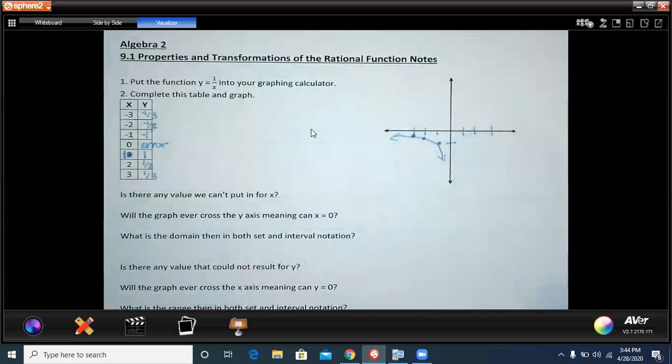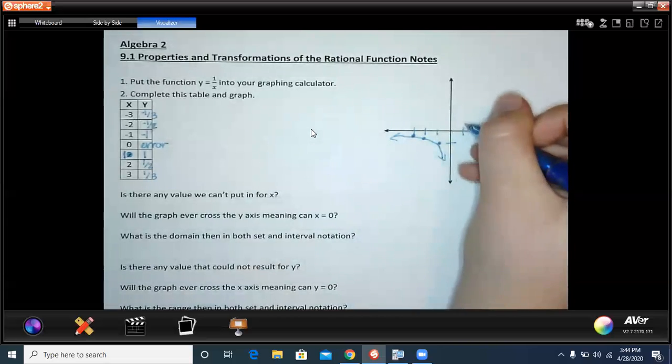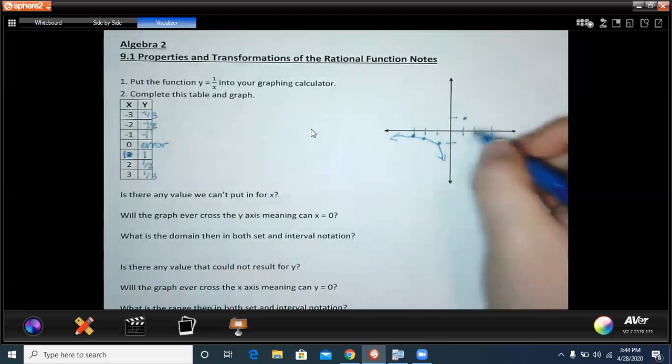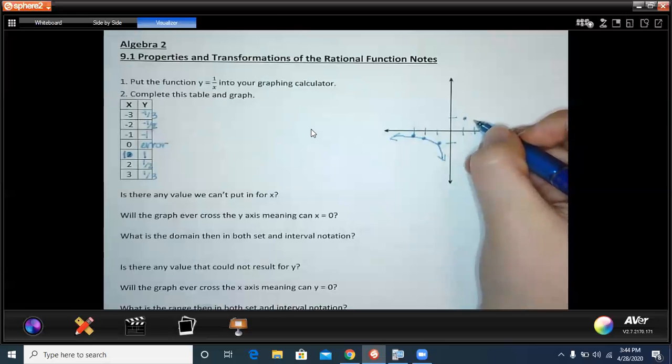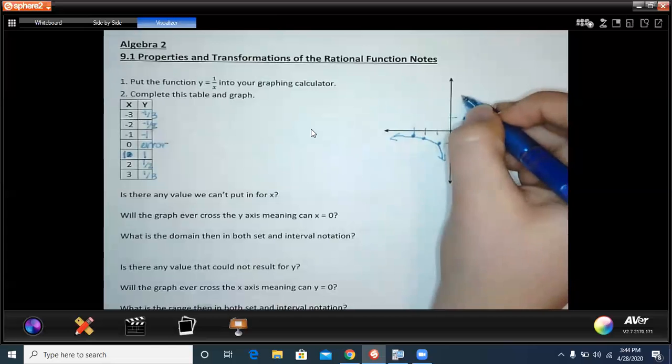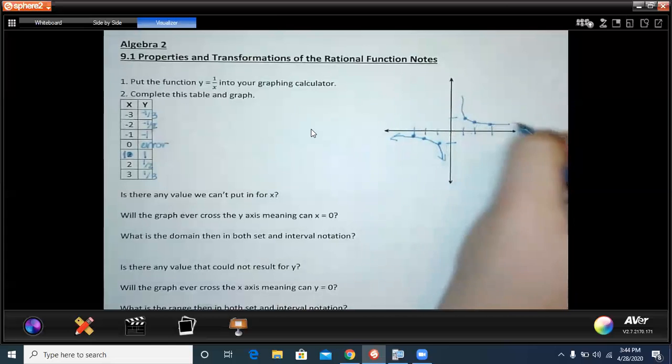It says there's nothing at 0, error. And then I plot my point at 1, 1. And then I'm at 2, 1/2. And 3, 1/3. So I connect those, and it looks something like this.